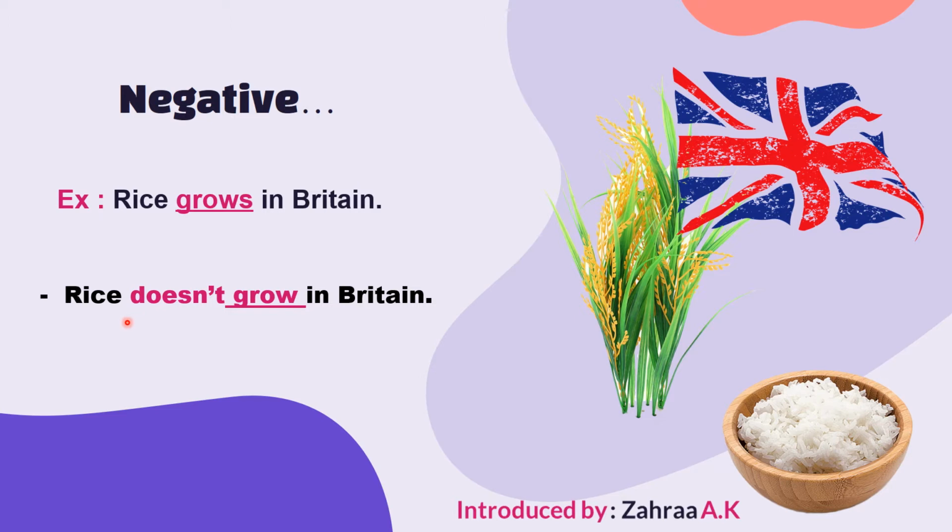And I cannot say rice doesn't grows in Britain. We cannot say rice doesn't grows, adding an -s to grows while I have does. It is the wrong way. So rice doesn't grow in Britain. This is about the singular way.